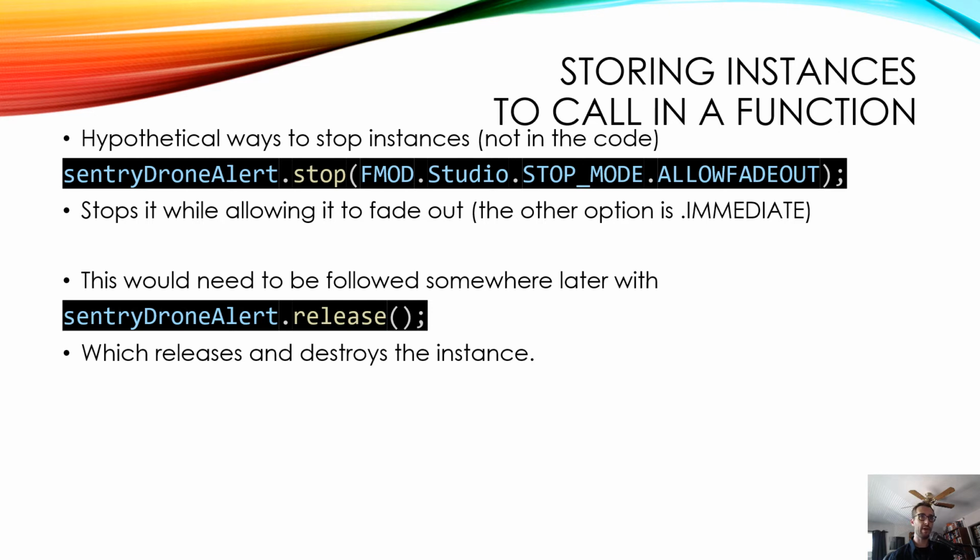So Sentry Drone Alert.Stop, open parentheses. Then we're going to access FMOD with FMOD.Studio.STOP_MODE.ALLOWFADEOUT, close parentheses, semicolon to terminate. This tells it that whenever we stop the object, we're going to let FMOD keep playing, and it's just going to fade out. And it will trail off to nothing.